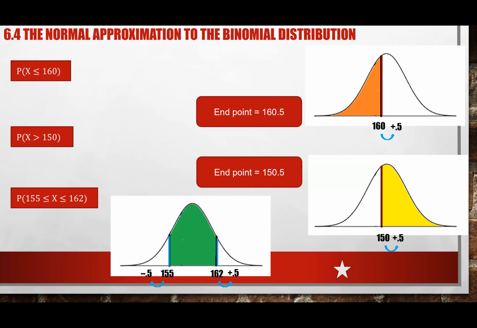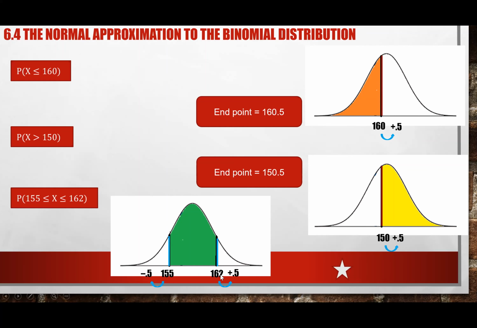Everybody see the difference between this problem, where I subtract on the left and add on the right, compared to the previous problem, where I add on the left and subtract on the right? Last time we excluded, so we made the region smaller. When we include, we have to make it bigger, a little bit wider.